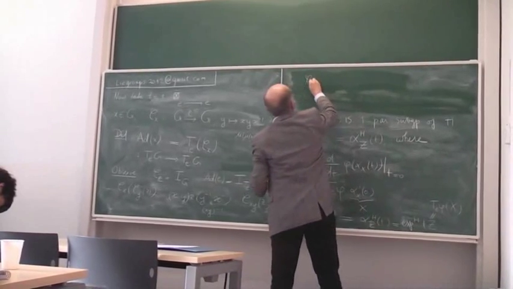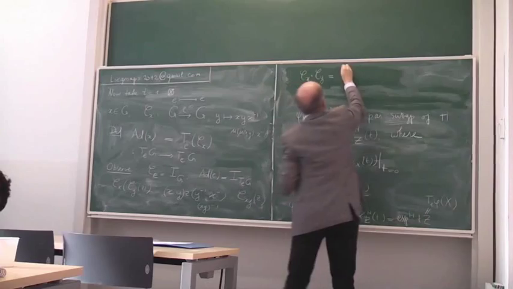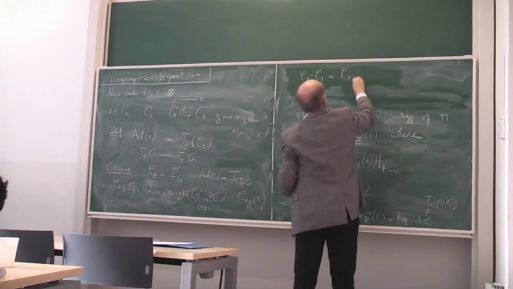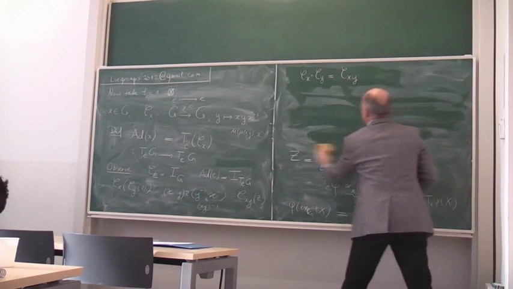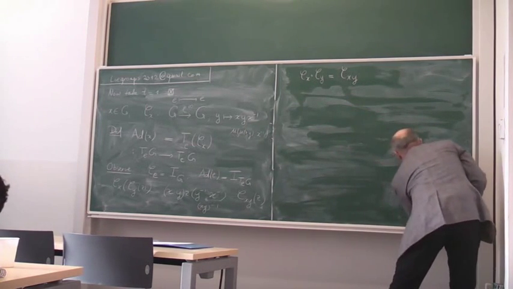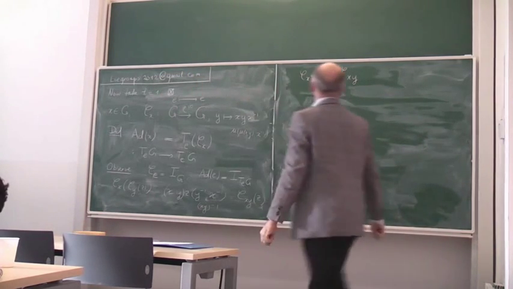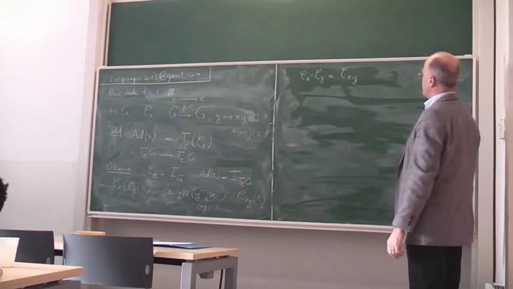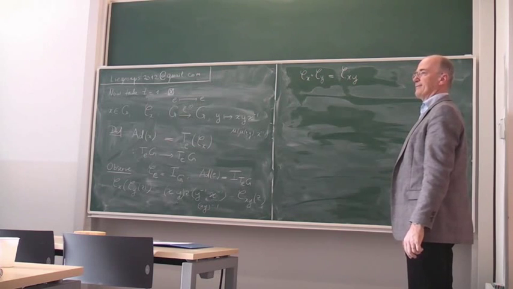So this composition is equal to the composition by the product. Now, that means that we have a commutative diagram here.